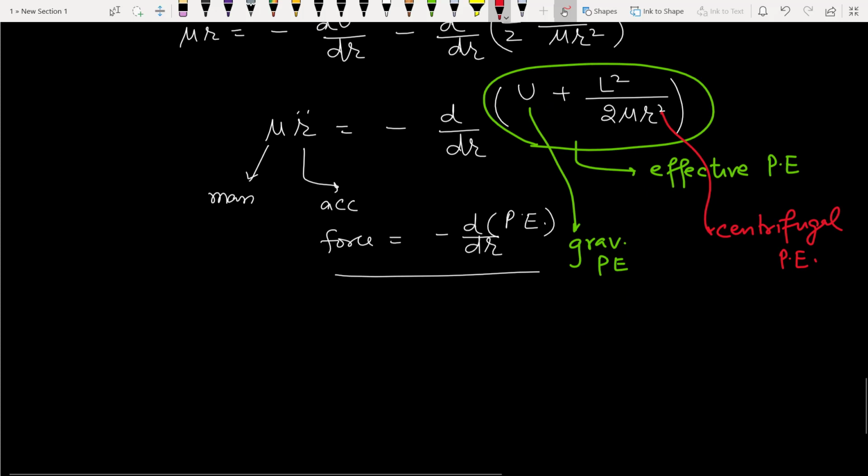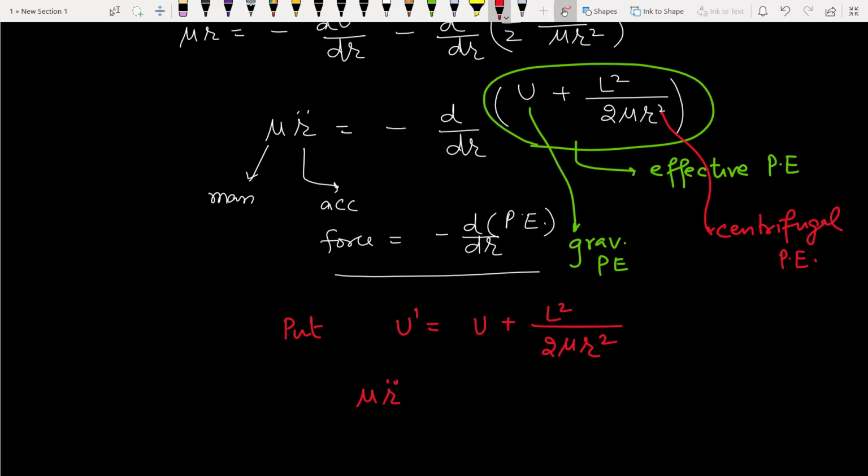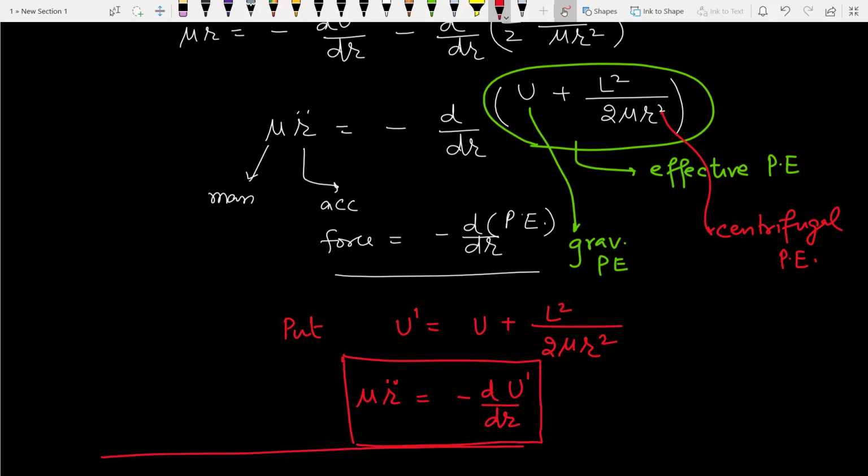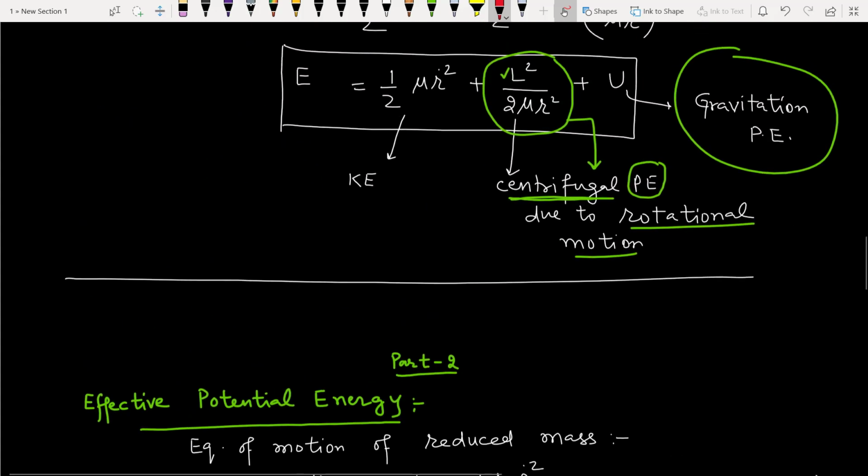We put this equal to U dash, so the equation becomes mu r double dot equal to minus d by dr of U dash. Here U dash is the effective potential energy. This is answered now, why we called it potential energy. These two terms are potential energy terms, this is the kinetic energy term, and the sum of the two is the total energy.